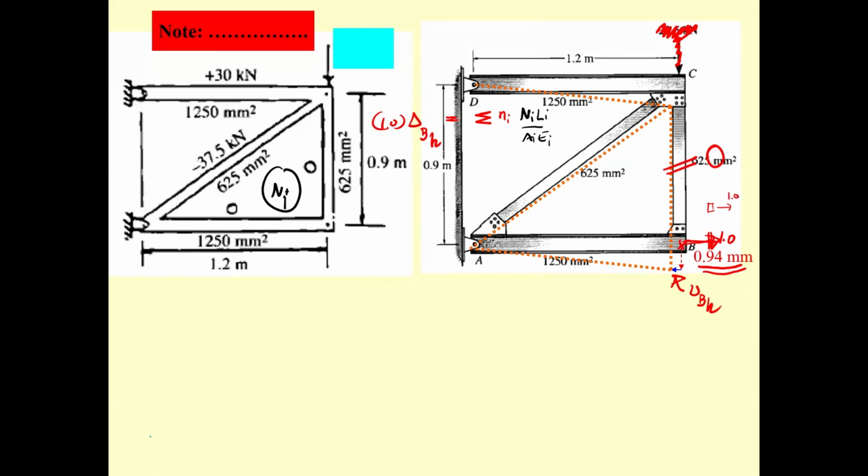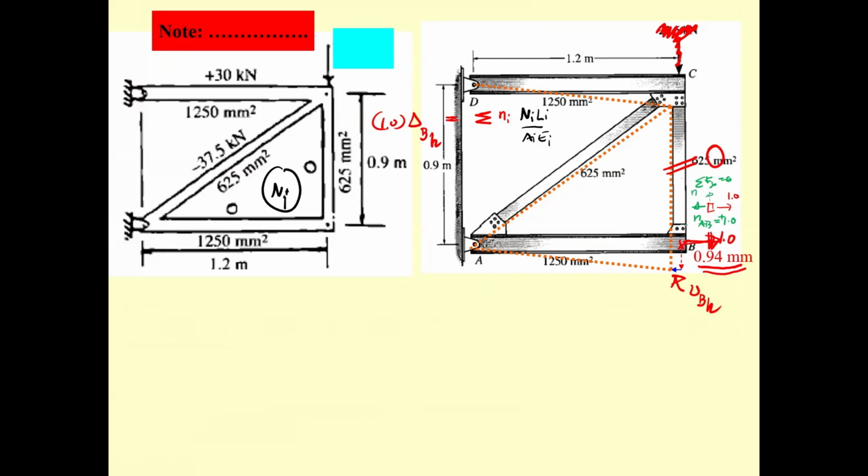And this is going to be the force small n in the member AB. Okay, and summation of F sub x equal to 0. This is going to be 1.0 positive, in tension. And for sure, there is no force in this direction.